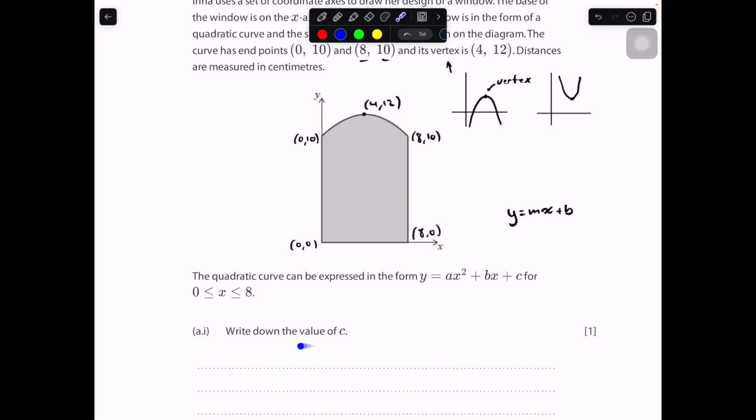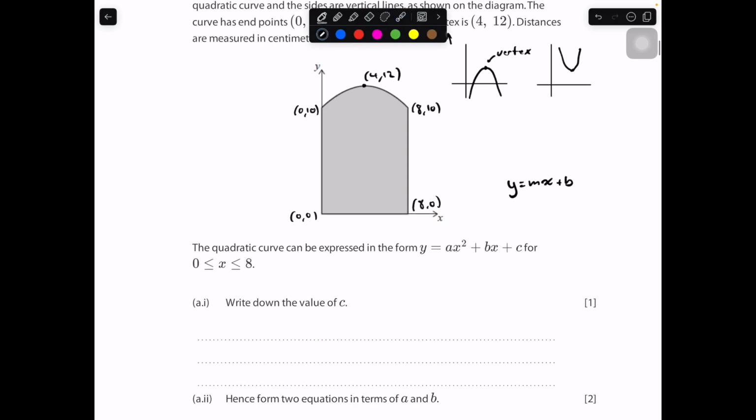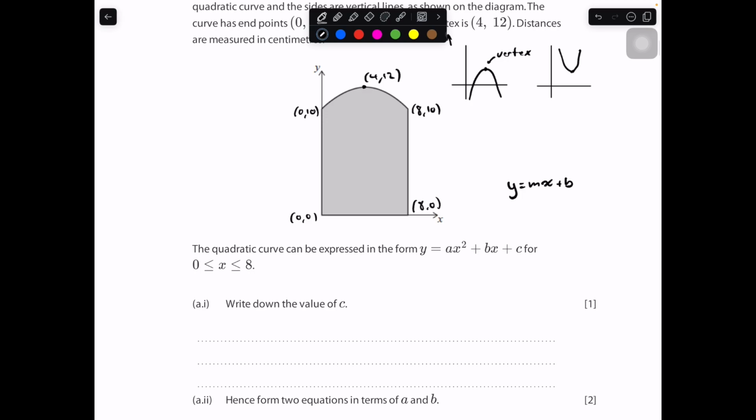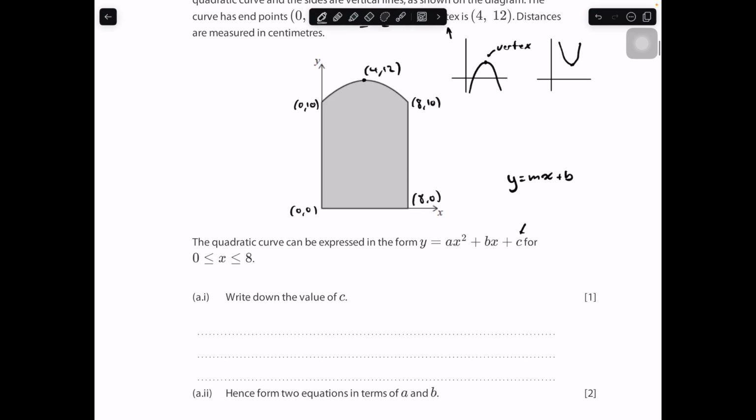In this case, there are a few different ways we can do it. The easiest way would just be to use this point right here, (0, 10). When x is equal to 0, y is equal to 10, and we substitute to find the value of c. Because when we substitute x equal to 0, all of these terms are going to go away.